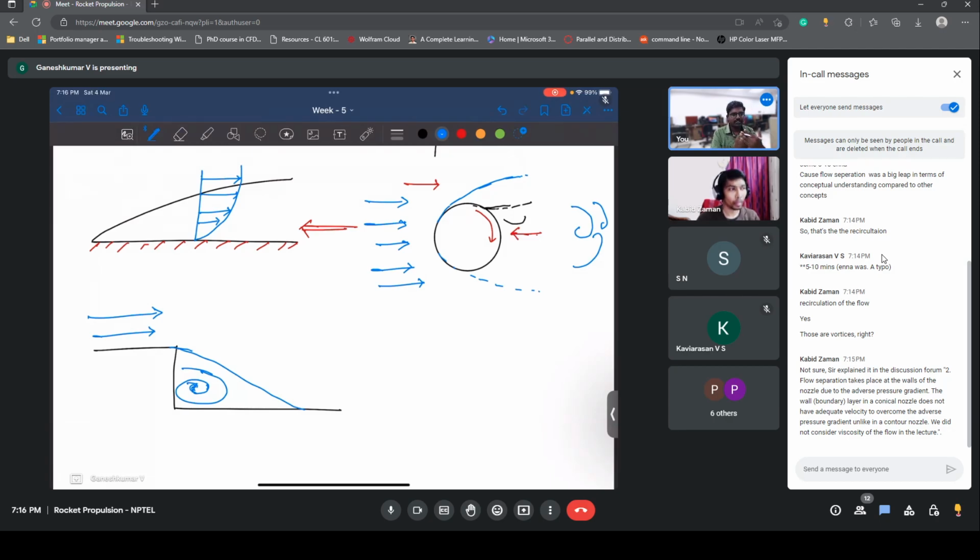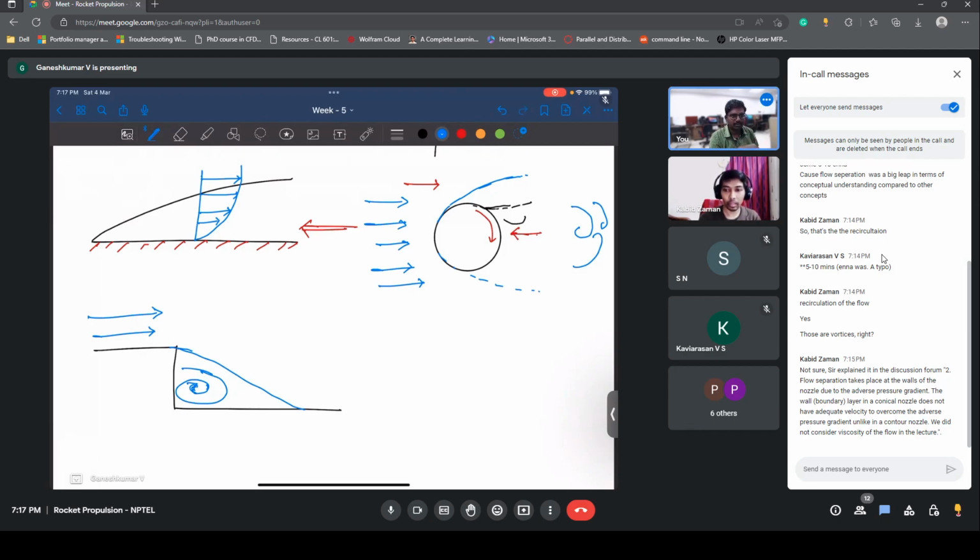If it cannot tackle it, there is going to be flow separation. The effect of the adverse pressure gradient should be overcome by the advancing flow, the upstream flow, right? Then there won't be any flow separation.